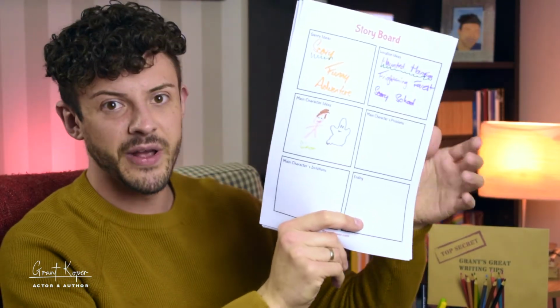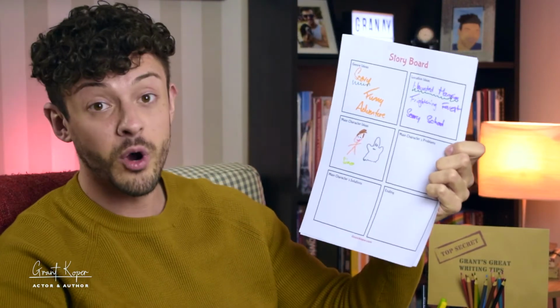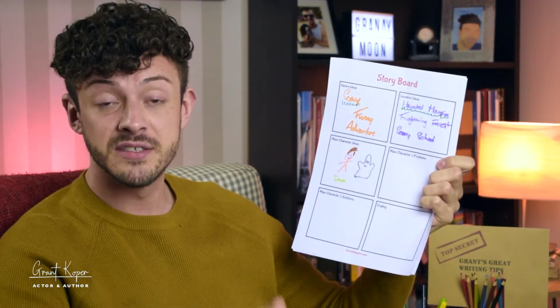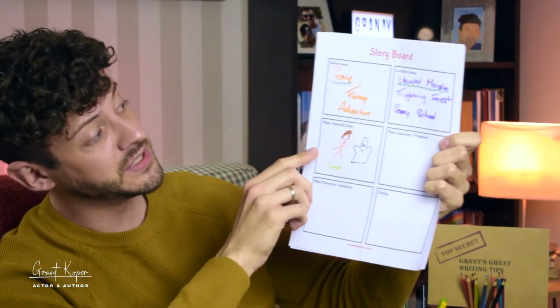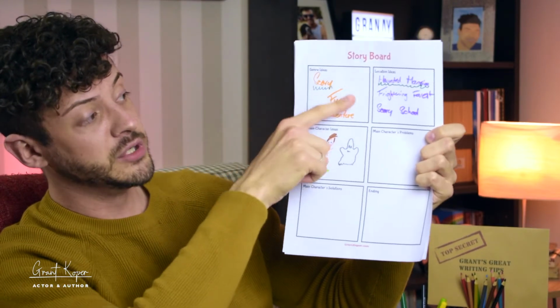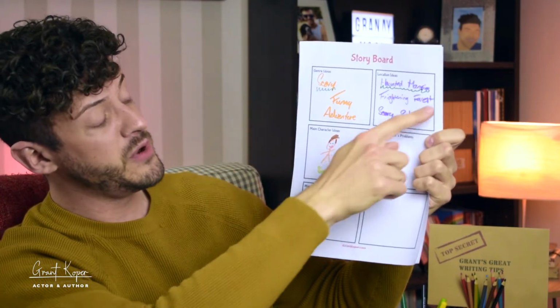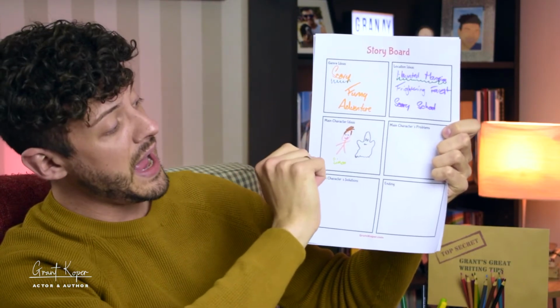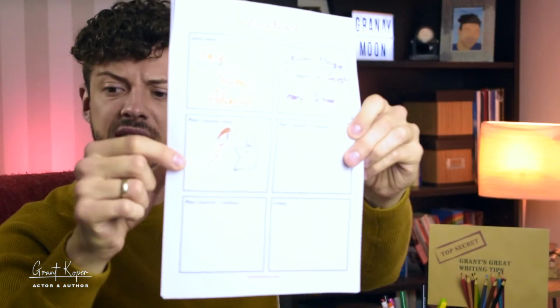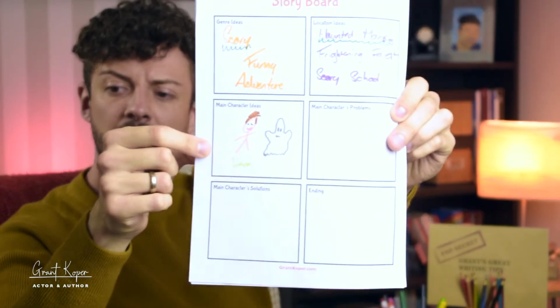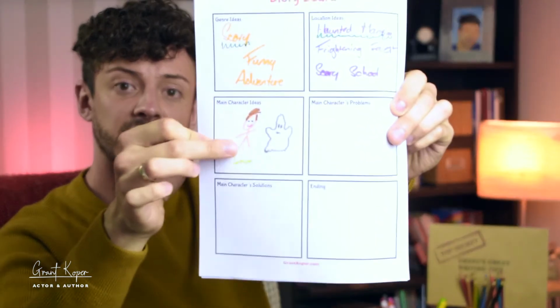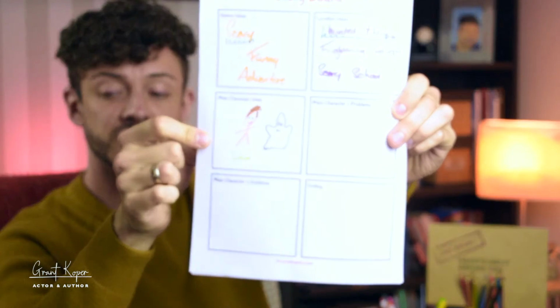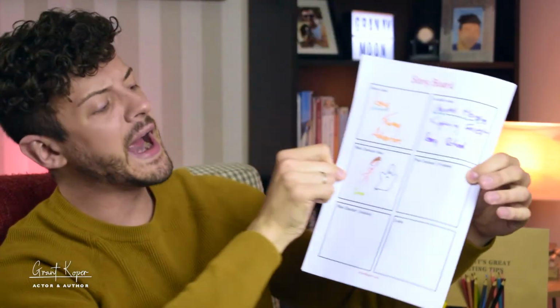If you can't download or print it, don't worry, you can just use some paper. We put our genre ideas up there, and we've got our location ideas on the other side. I drew very quickly the main character and a little ghost, just to remind me what my main character is going to be like.